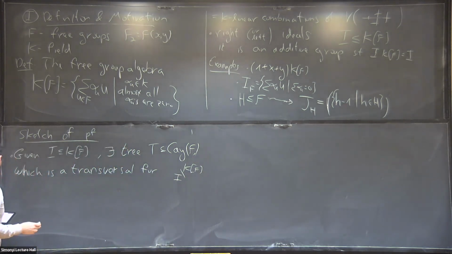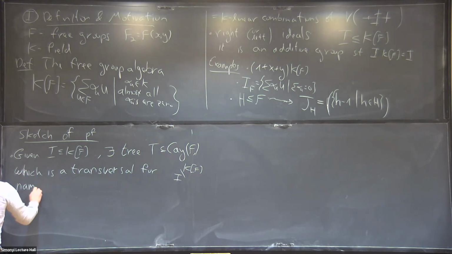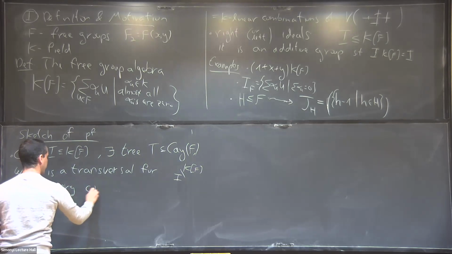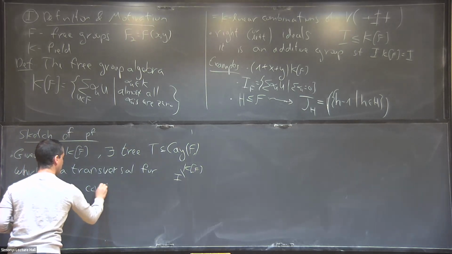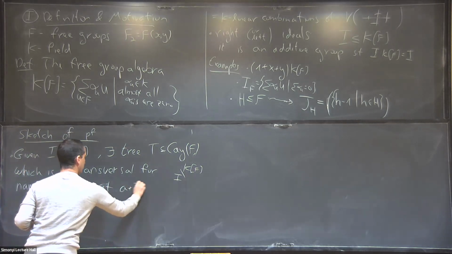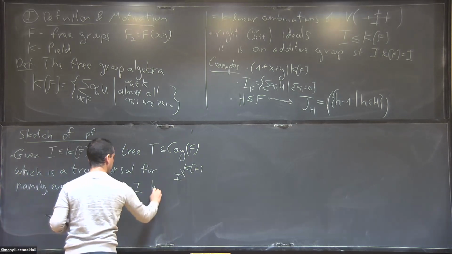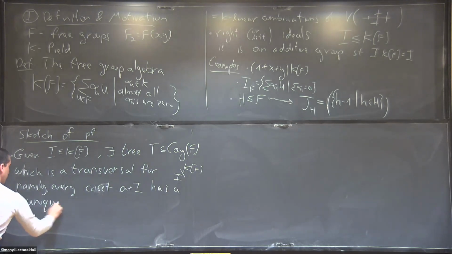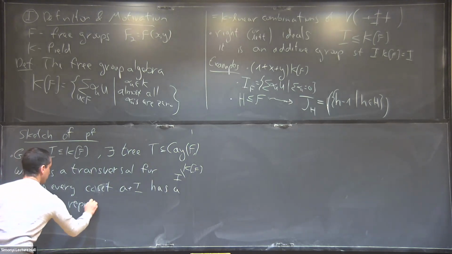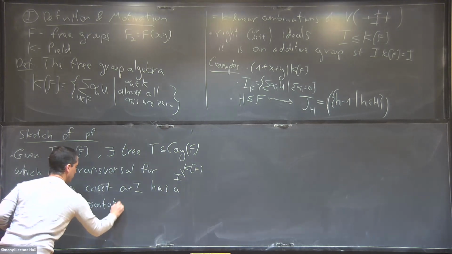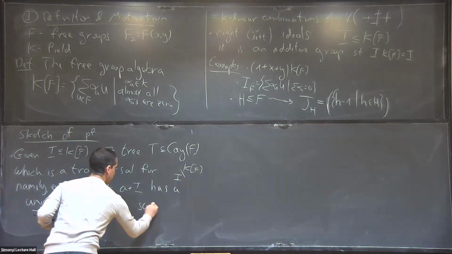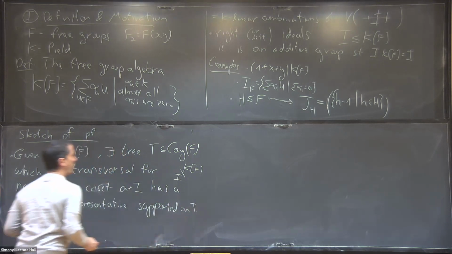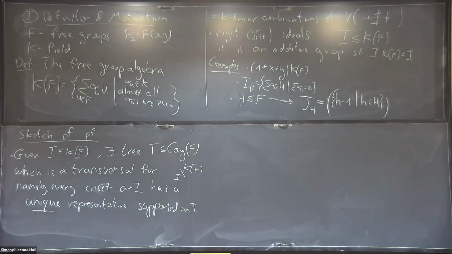Okay, so what does it mean? It means that every coset has a unique representative which is supported on T. Okay, so why do we have such a tree?